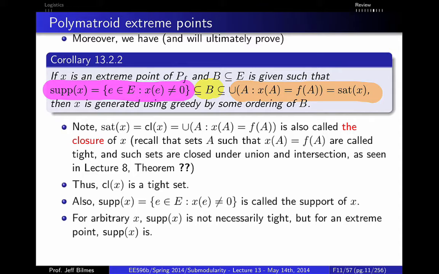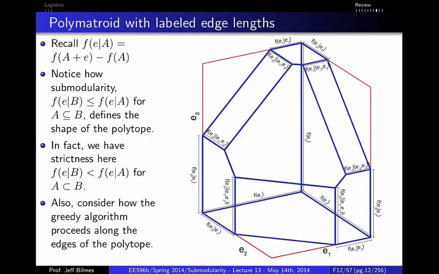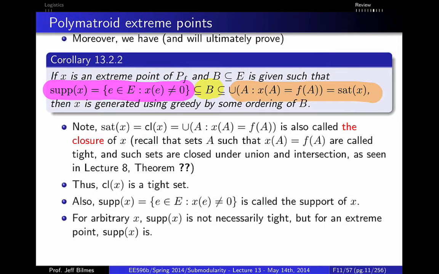Basically, we're saying that if x is an extreme point of P_f and B is between the sup and sat, then x is generated by using greedy order according to B. We'll see some examples of this. We haven't proven this theorem yet, but we need more tools to prove it, and today's sort of a tool lecture. Any question on the statement of this theorem?